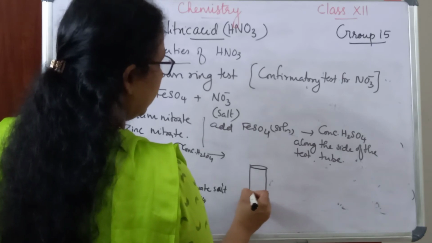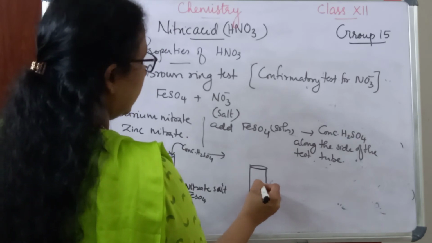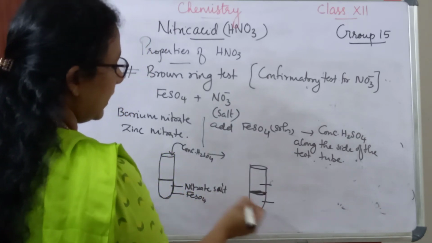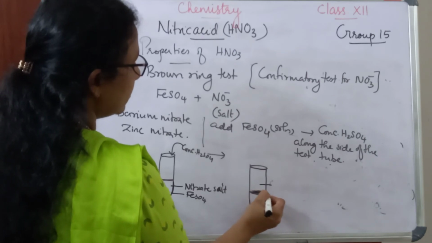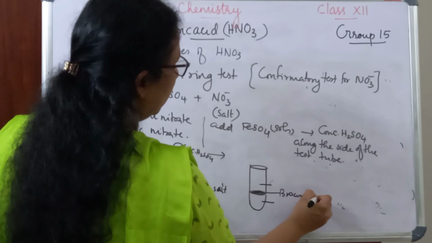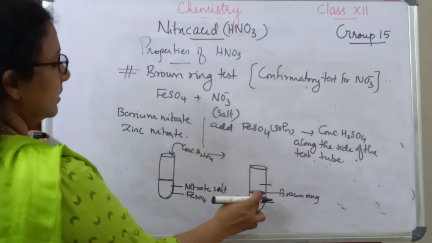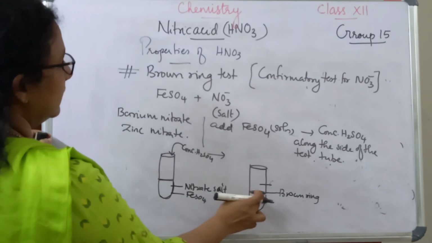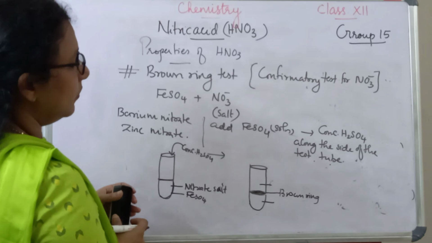There will be an interface between two liquids. Here there is ferrous sulfate and here there is concentrated sulfuric acid, and a brown ring is formed at the junction. So this test can be used to detect the nitrate salt. That is a confirmatory test for nitrate.